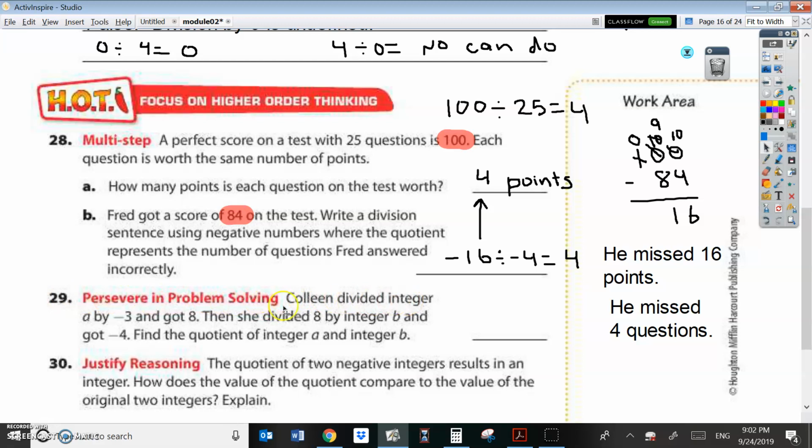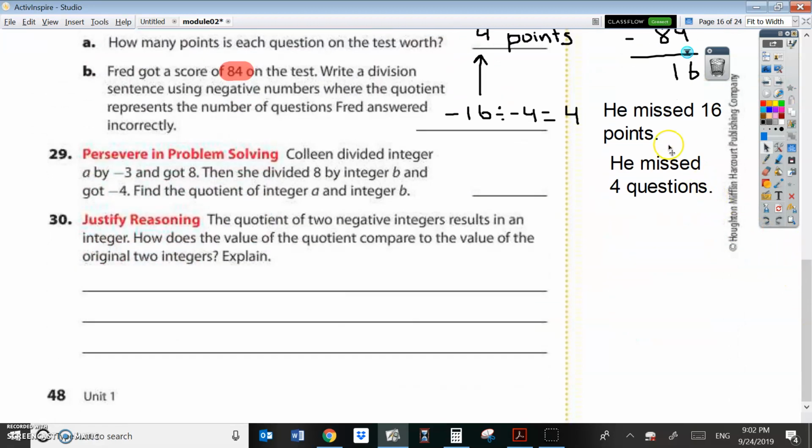Colleen divided integer a by -3 and got 8. Okay, let's put some numbers down here so this doesn't get confusing for us. Let's work problem 29 right over here. So a divided by -3 and got 8. a divided by -3 equals 8.